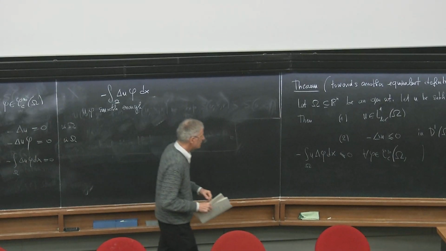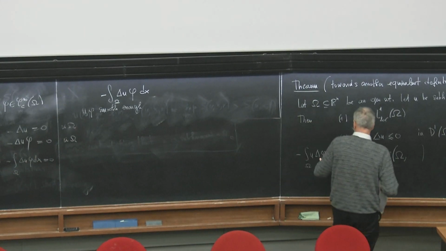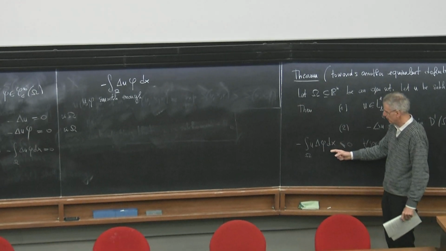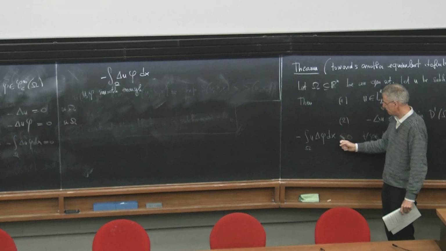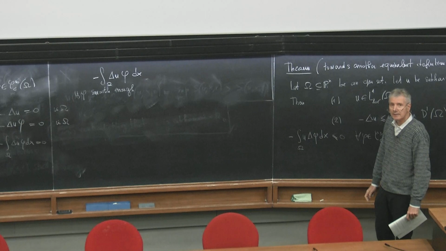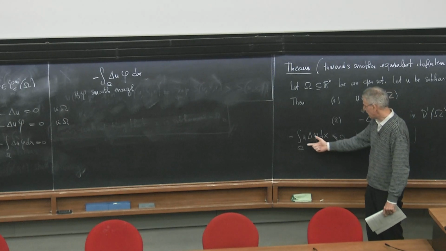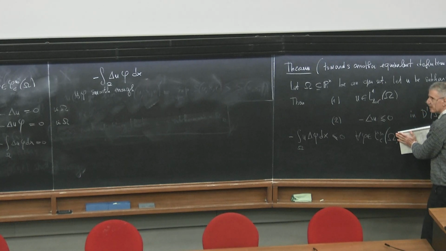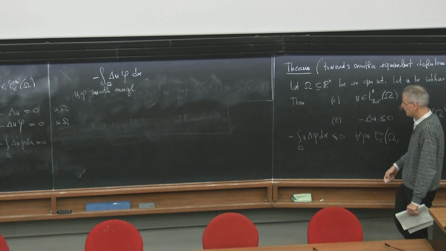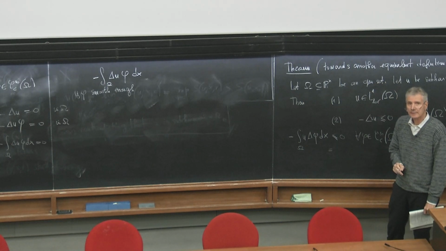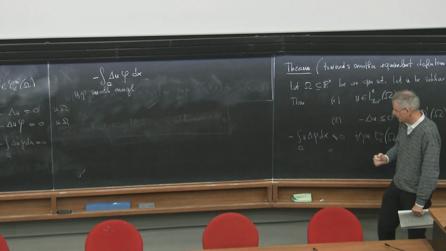Yeah, my question is, you see, if I am allowed to change the sign of phi, I can make this non-positive and non-negative at the same time. So if I allow this to be true for any phi, as you are suggesting, then I immediately get this. My comment: what does it mean?